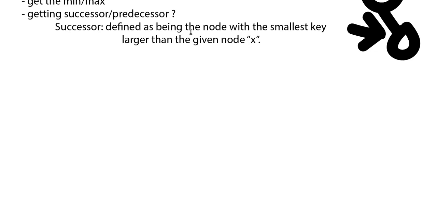So this node is called x, and we have two cases. We have case 1, where x has a right child, in which case we take the minimum of the right subtree. So if we take the minimum of the right subtree, that is going to be the successor.